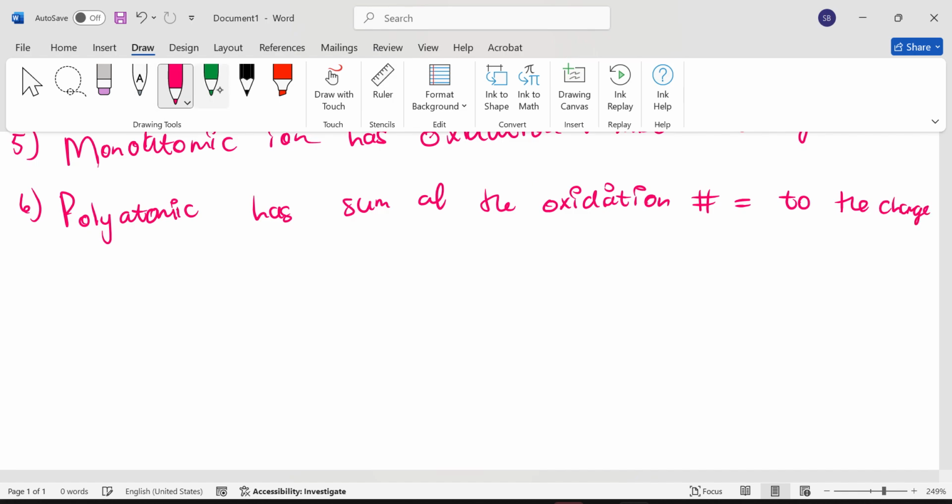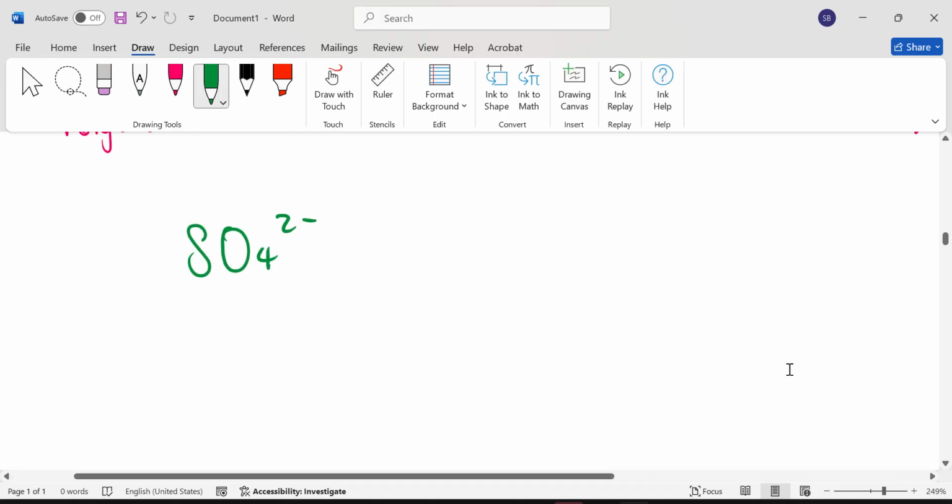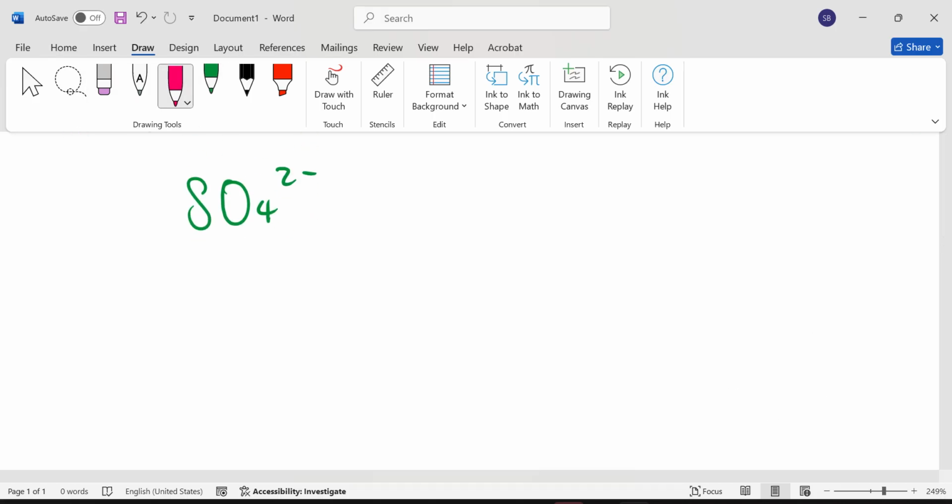That is, if I have a polyatomic ion like the sulfate ion, SO4 2 minus, and I'm required to get the oxidation number of sulfur, I wouldn't really know what it is. How would I get it?